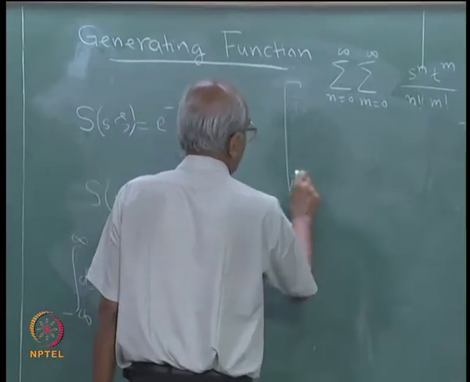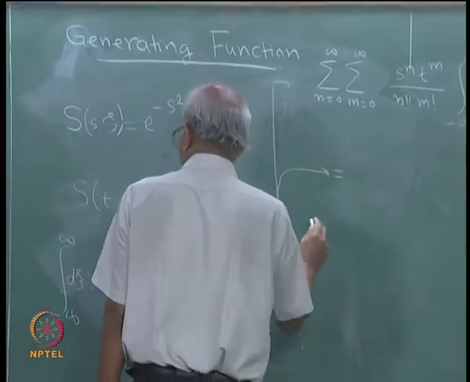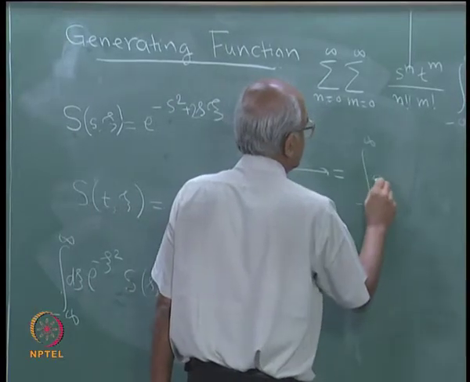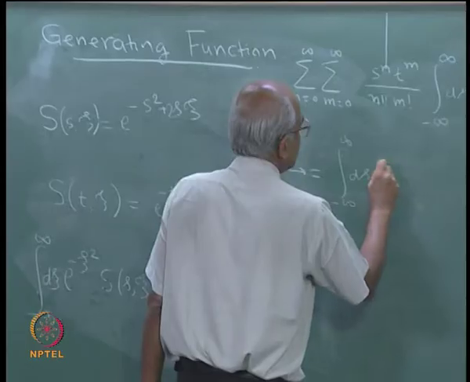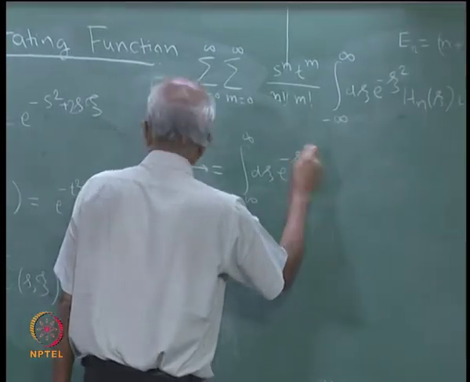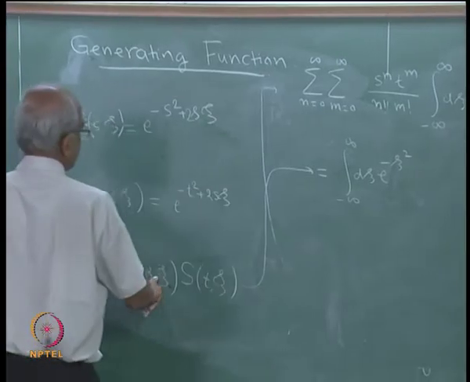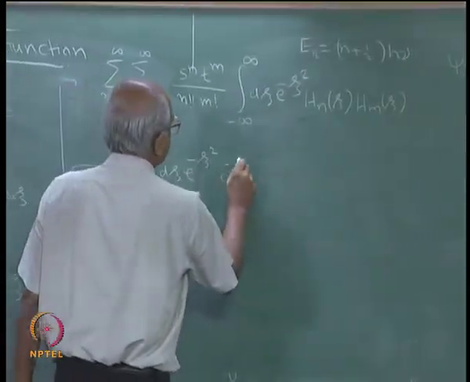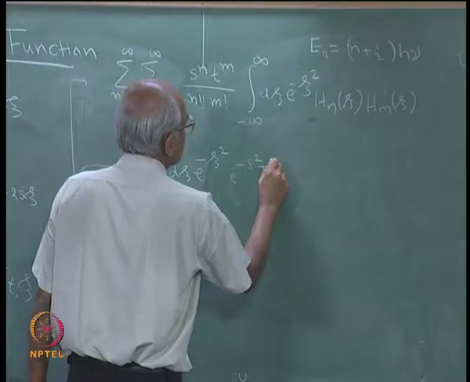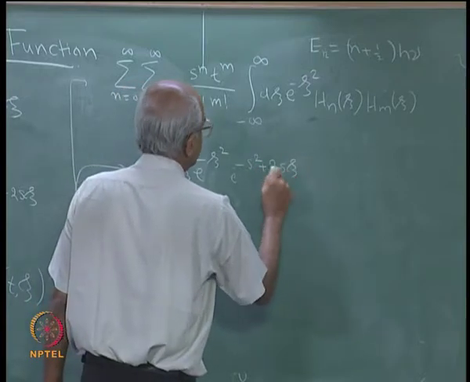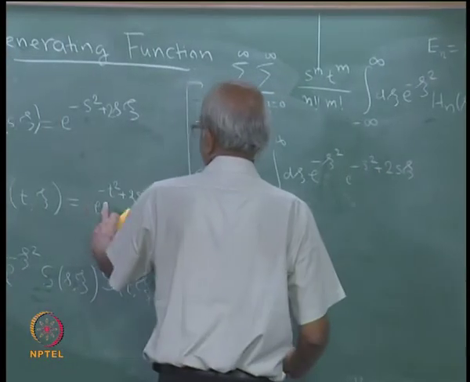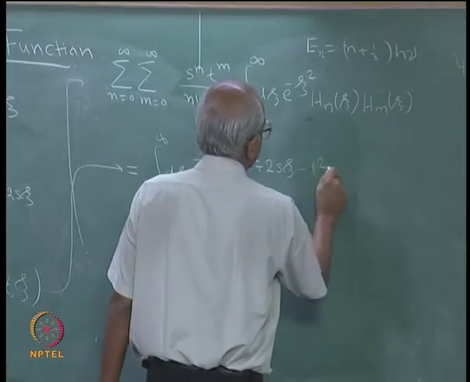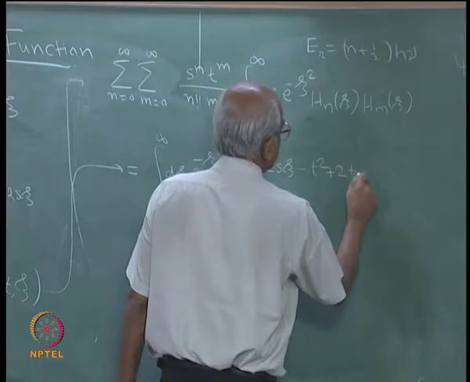So, this integral is equal to the integral from minus infinity to plus infinity dx of e to the power of minus c square, as is written here, e to the power of minus s square plus 2sc, and the second function is also written there, that is actually minus t square plus 2tc.